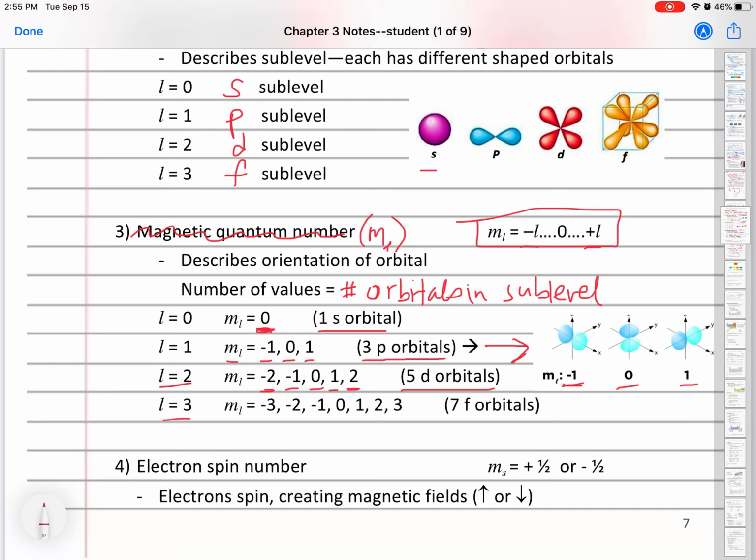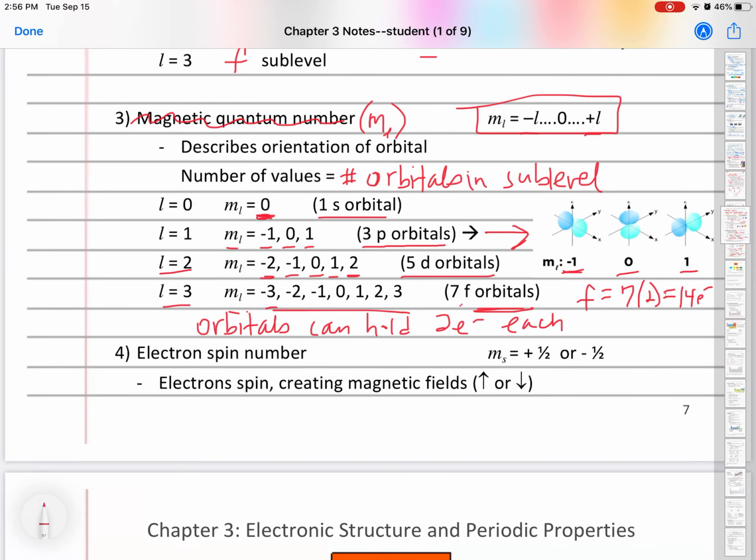And then finally, an l of 3, which is the f sublevel, can have a total of 7 different m sub l's, which are the names of the 7 different orbitals in that sublevel. All right, orbitals, by the way, can hold 2 electrons each. So the f sublevel has 7 orbitals times 2 electrons. It can hold a total of 14 electrons. All right, and we'll talk more about that in a minute.